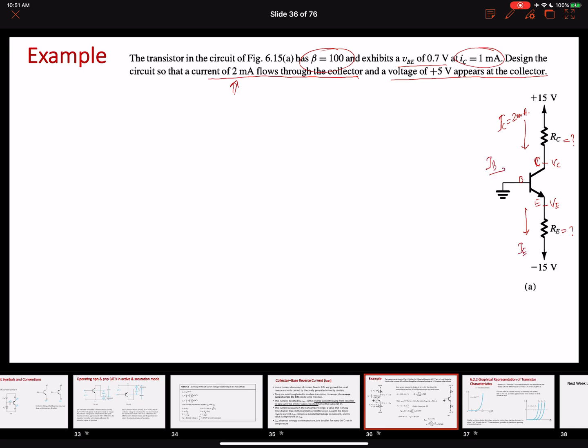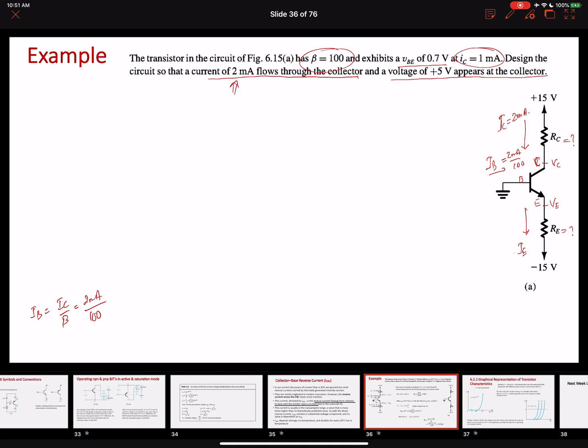What is IB? IB is IC over beta. IC is 2 milliamperes divided by 100, so we can find IB. It will be 2 milliamperes divided by 100.